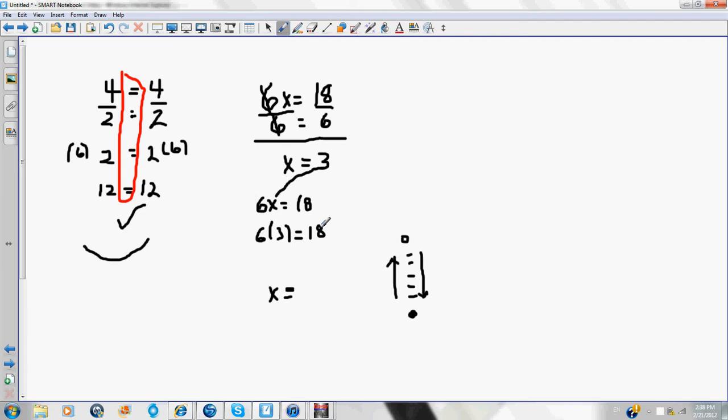Okay? 6 times 3 is 18, equals 18, which is a true statement. That means that we've worked our problem correctly. If we had something that said 17 equals 18 or 24 equals 18, we would know that we made a mistake and we would need to go back and check our problem.